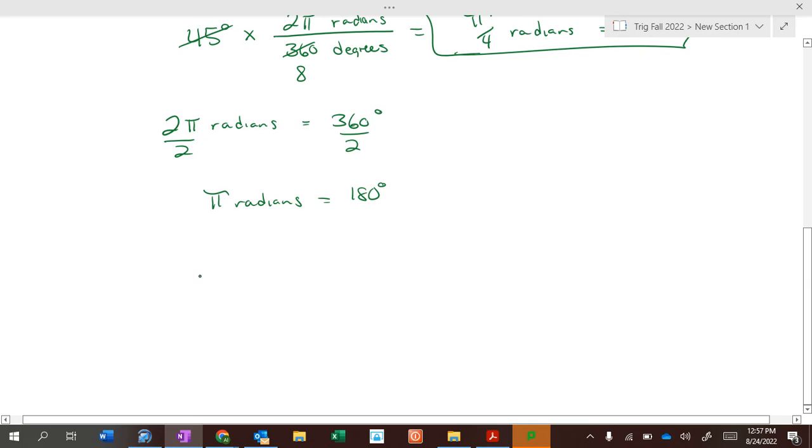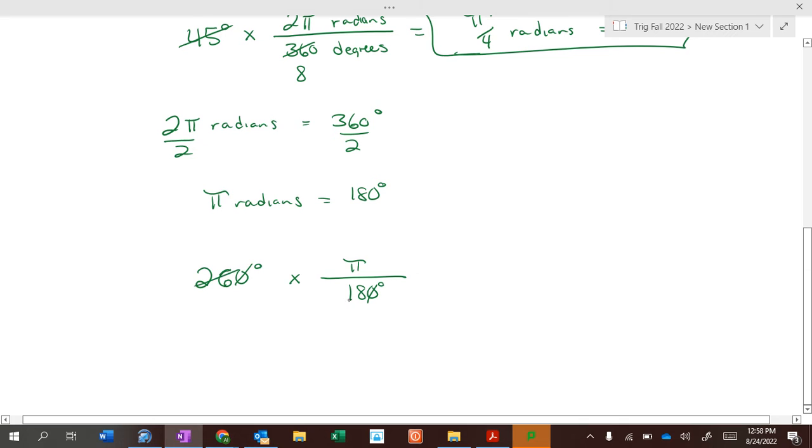So if we have 260 degrees and I want to change that to radians, there's pi radians over 180 degrees. Now, if we divide them both by 10, I get 26 over 18, right?